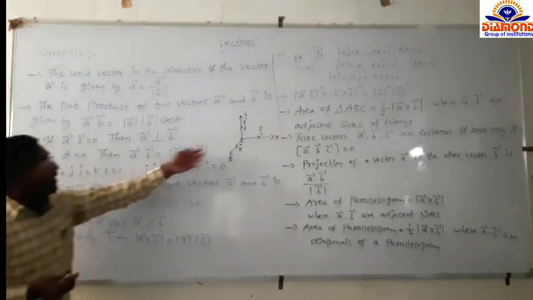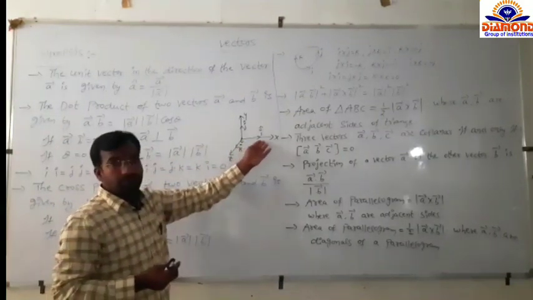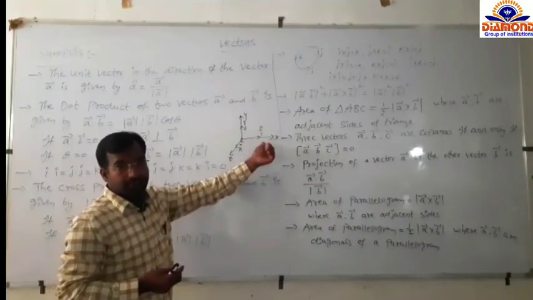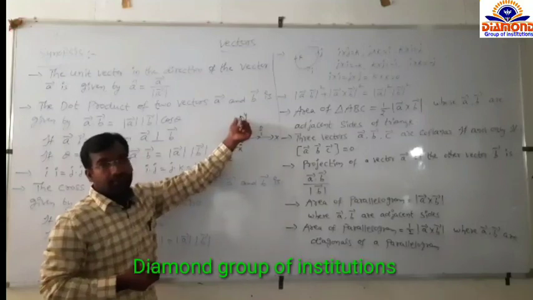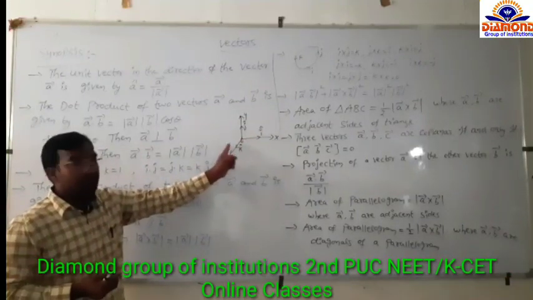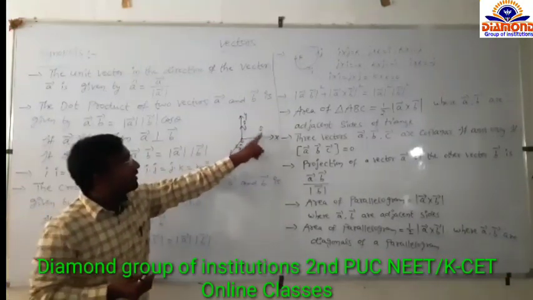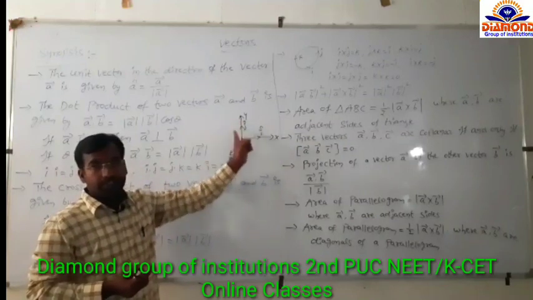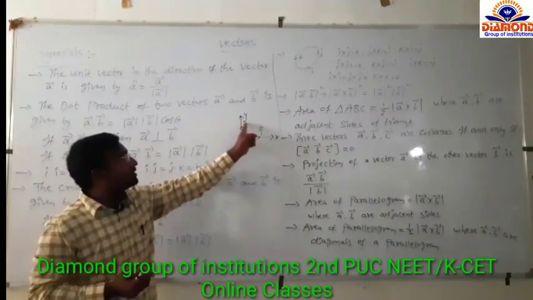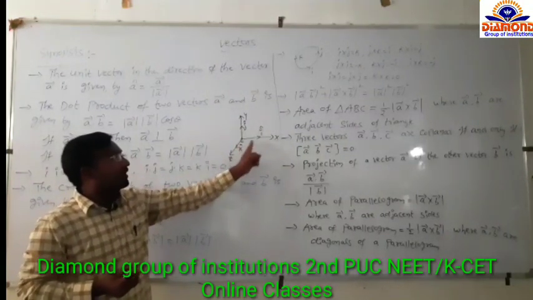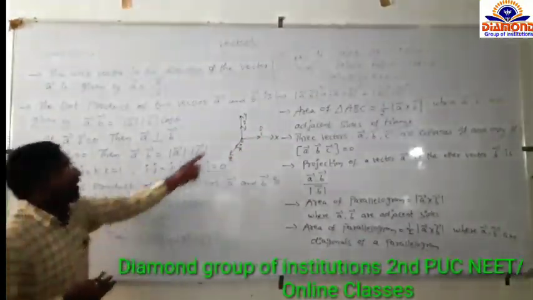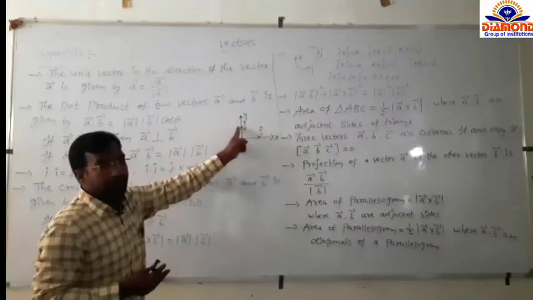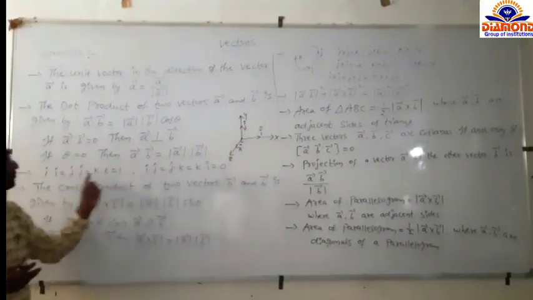Because i is a unit vector, always lies on the x axis. j is a unit vector, always lies on the y axis. k is a unit vector, always lies on the z axis. These three are mutually perpendicular to each other. That's why i dot j is 0, j dot k is 0, k dot i is 0. Itself is parallel. That's why i dot i is 1, j dot j is 1, k dot k is 1.